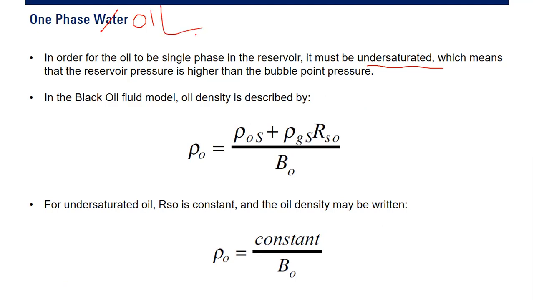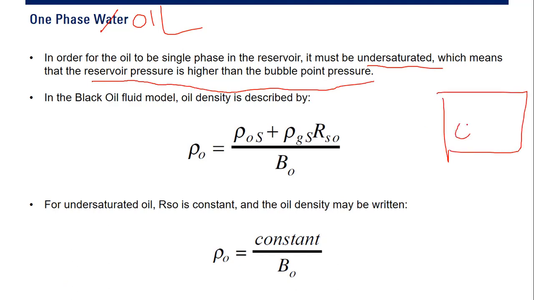If you want to have single phase of oil in your reservoir, then you must have reservoir pressure higher than the bubble point pressure, so that gas will be dissolved inside your oil. If not, gas will be liberated from the oil and you will have two phases, oil and gas. In the black oil fluid model, oil is described here.